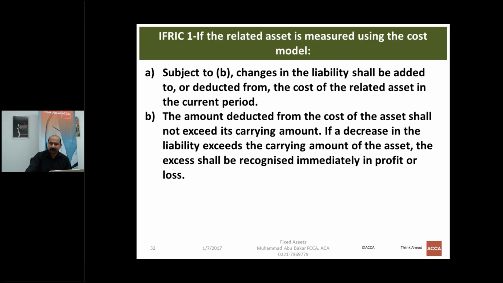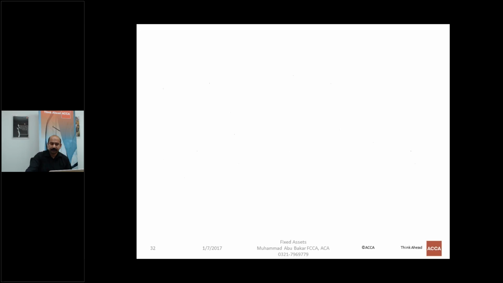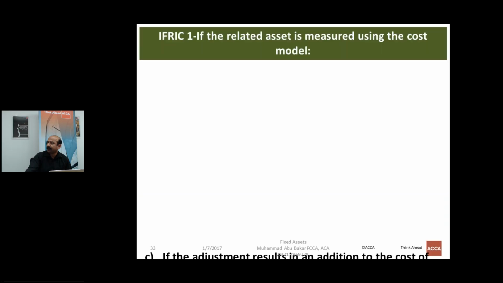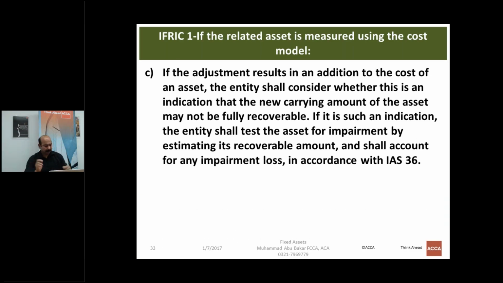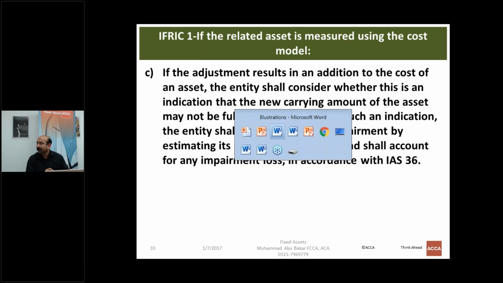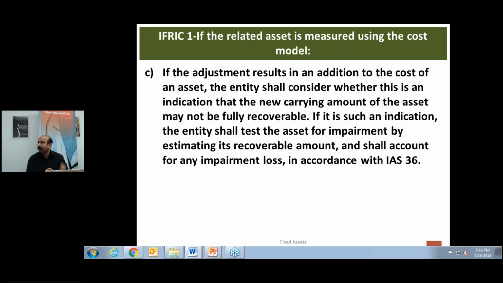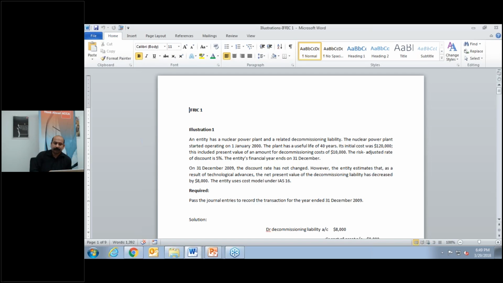Okay, let's see an example, an illustration. It is already available with you people. This is the illustration.